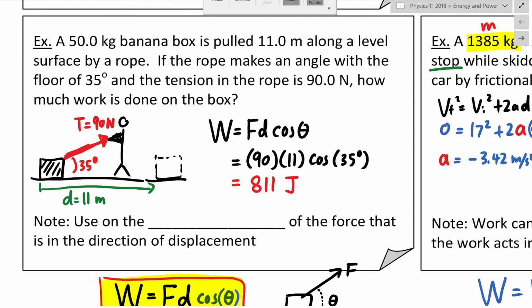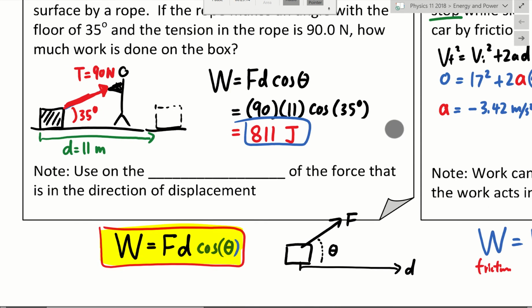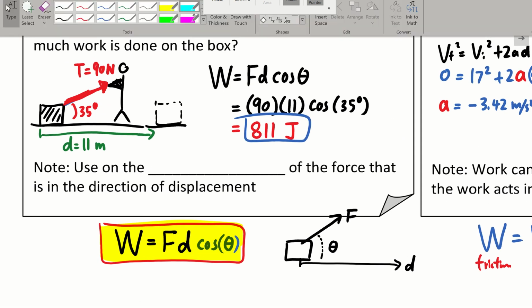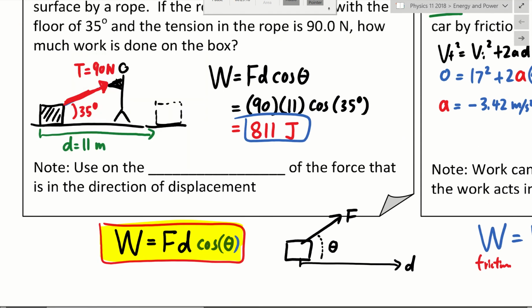You can check it, but it should be right. We are only using the component of the force that is actually in the same direction as the displacement. So we're only using one component of the force, which is parallel to the displacement.